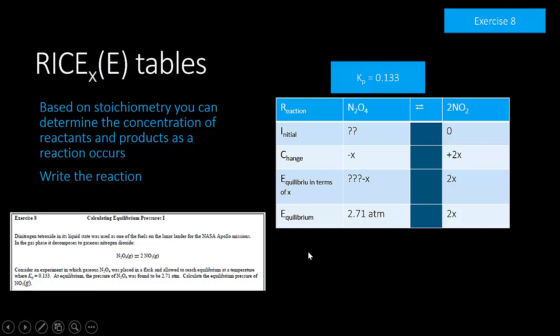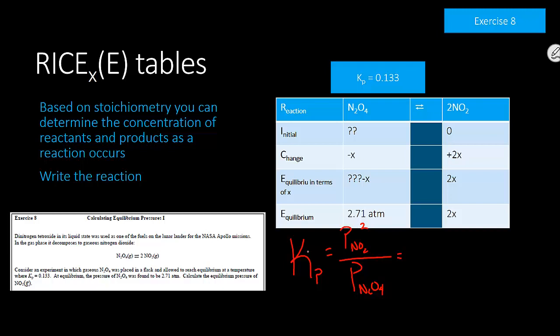At equilibrium, the pressure of dinitrogen tetraoxide is 2.71. So we need to figure out what is the pressure of the nitrogen dioxide. We're given Kp. So Kp would be the partial pressure of nitrogen dioxide squared over the partial pressure of dinitrogen tetraoxide to the first.